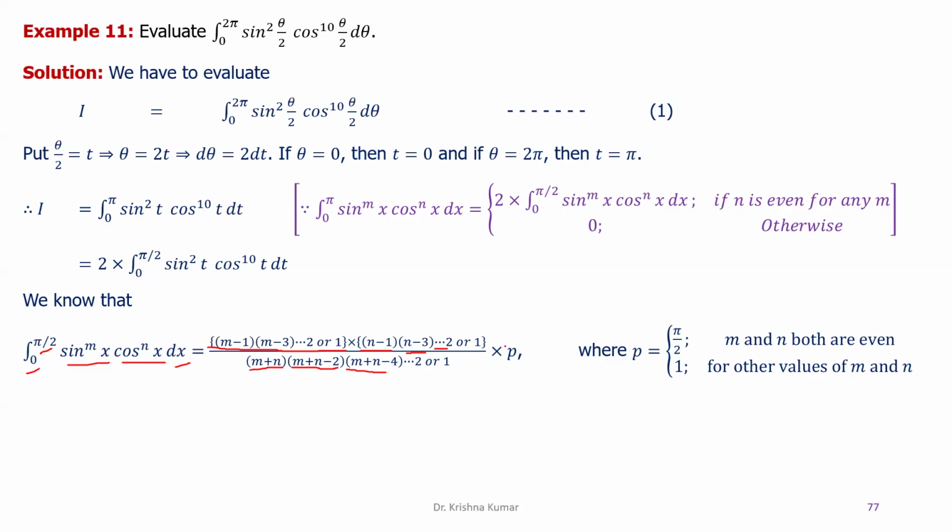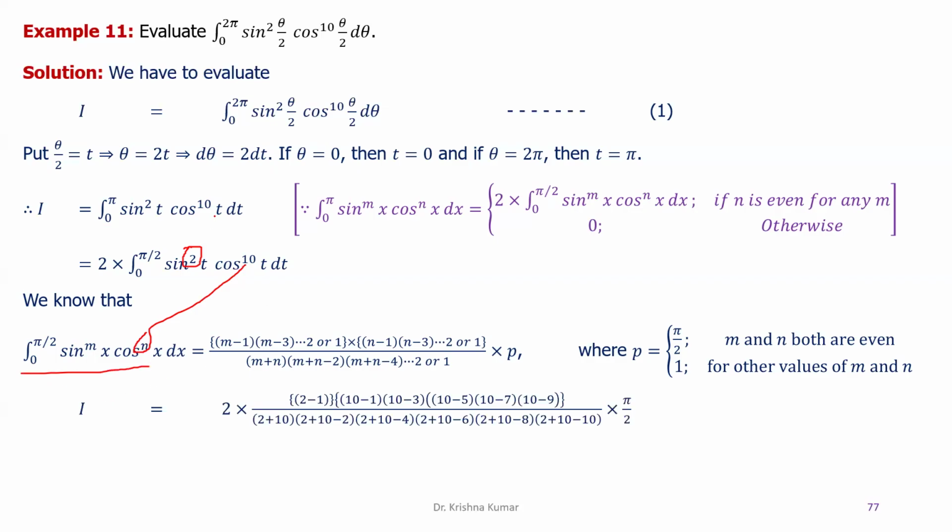The value of p will be pi by 2 if m and n both are even, otherwise its value will be 1. This is the very well-known reduction formula, and clearly m and n are positive integers, not negative or fractions. So here, m is equal to 2 and n is equal to 10. Let us substitute these values in this integral.